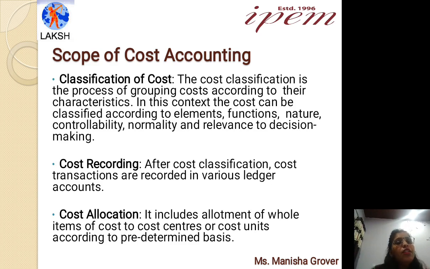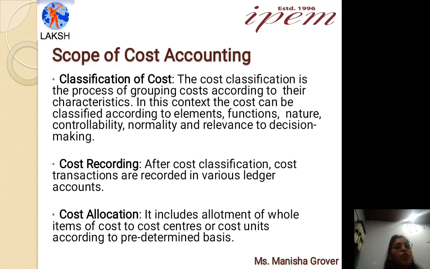Next is cost allocation. It includes allotment of whole items of cost to cost centers or cost units. In simple terms, you have to identify where the cost is involved and how many units are used in terms of raw material, labor or expenses.